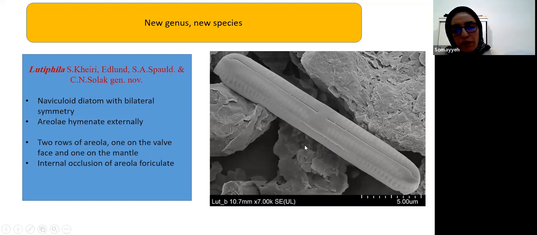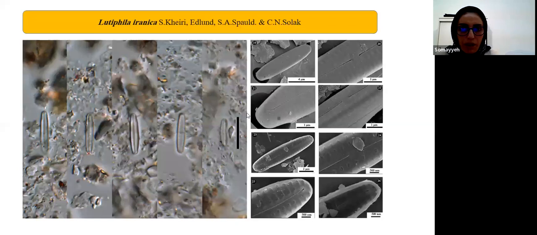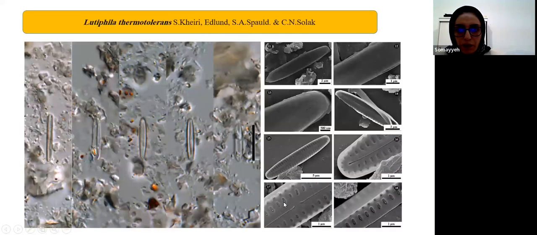I have the image in other slides because we described 2 species from this genus and named them Lutiphila iranica. You will see the internal valve here with auriculate hymenation. Lutiphila thermotolerance.